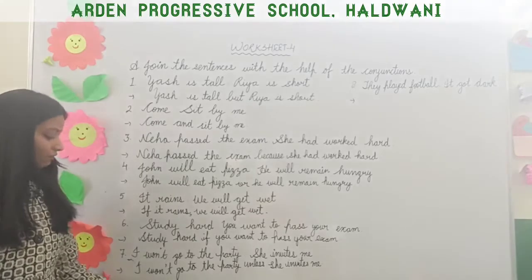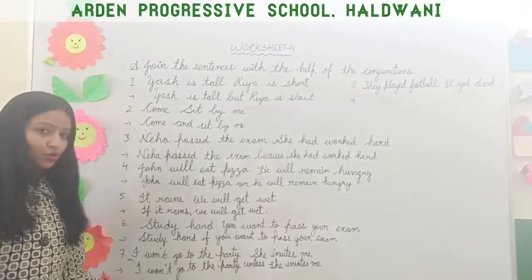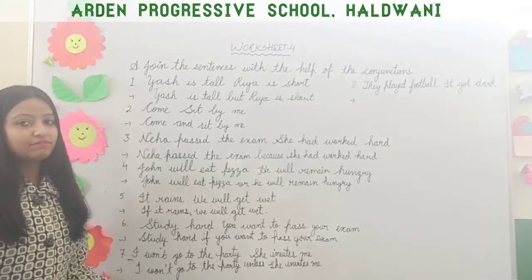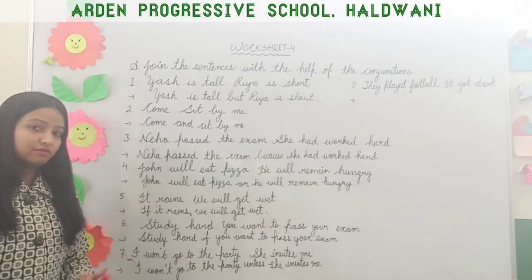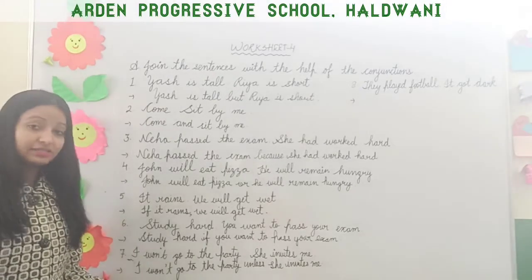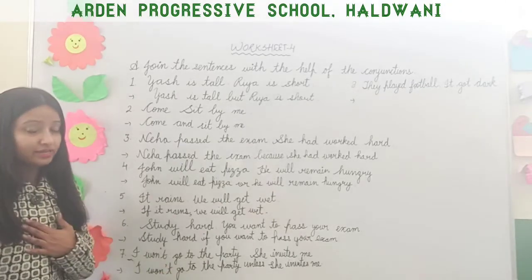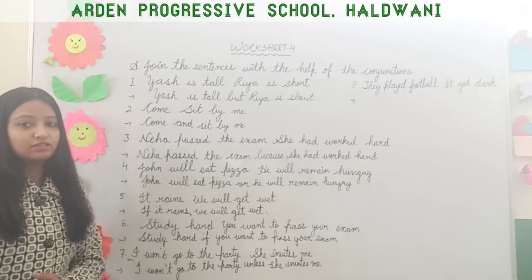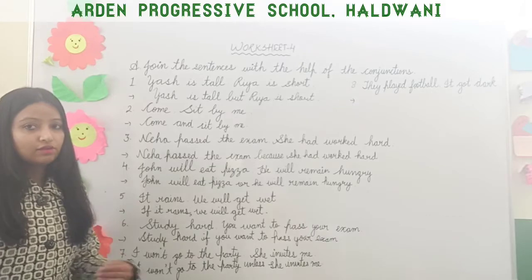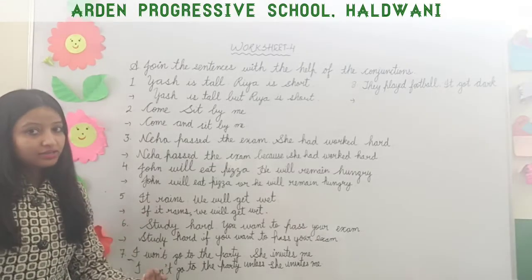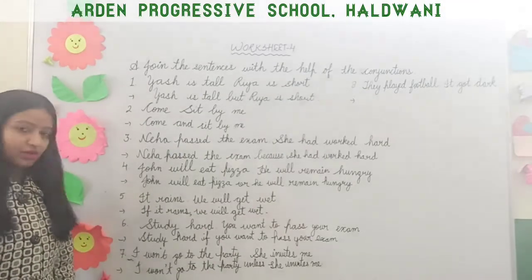I won't go to the party unless she invites me, which means except if she invites me. सिवाय अगर वह invite करती है. अगर वो invite करती है, then I can change this plan and I can go to the party. This is the meaning.